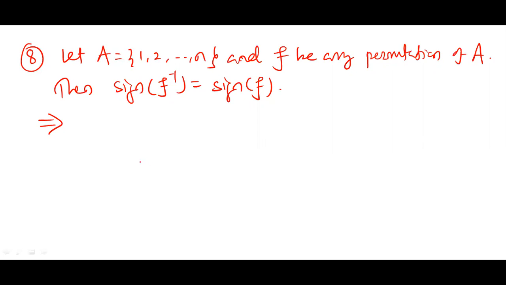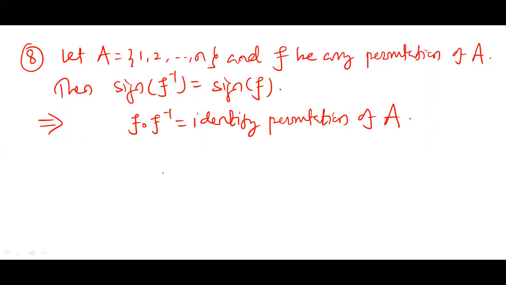Since the composition of f and its inverse is the identity permutation of A, the signature of f composition f inverse is equal to 1, since the signature of the identity permutation is always 1.